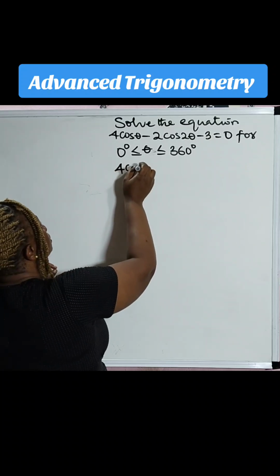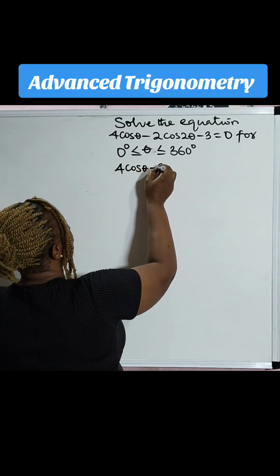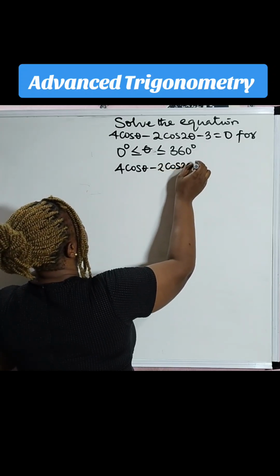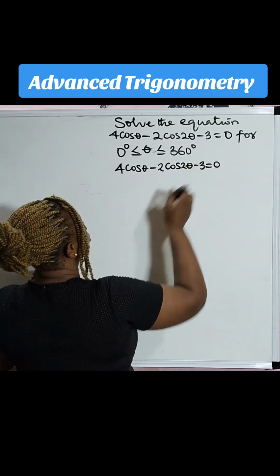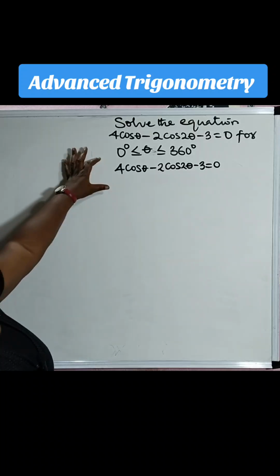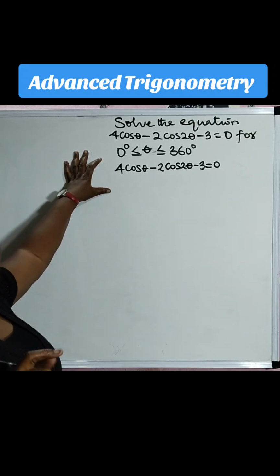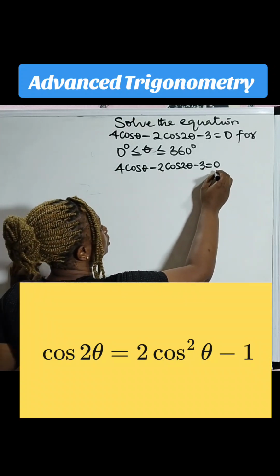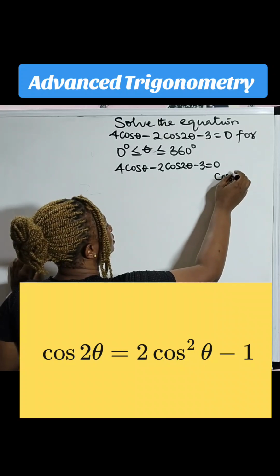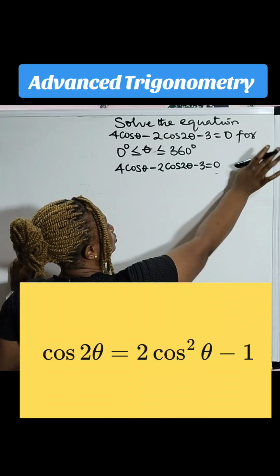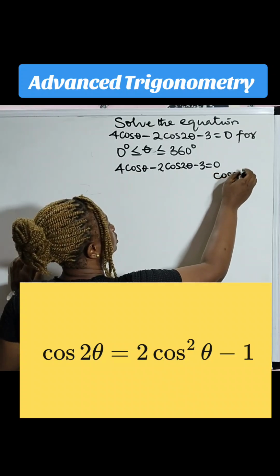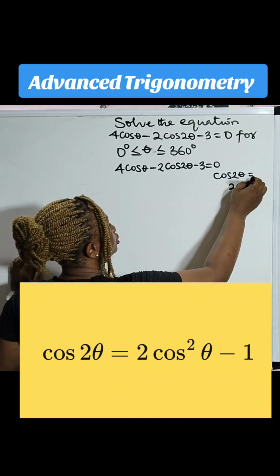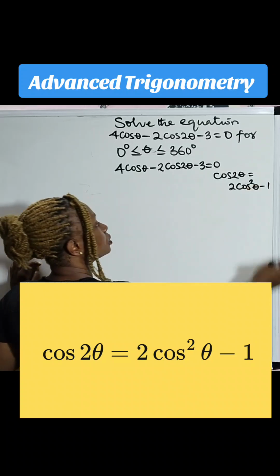4 cos theta minus 2 cos 2 theta minus 3 equal to 0. This is the equation we are given. Now remember, in our trig identity, we have that cos 2 theta is equal to 2 cos square theta minus 1.